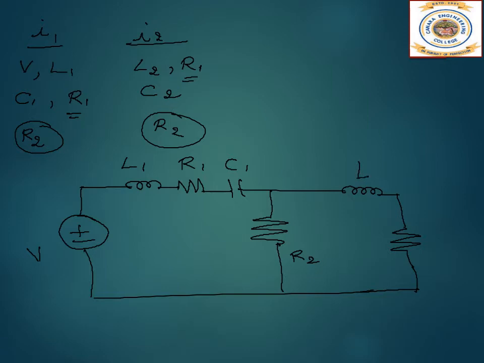So this is L2, R1. Yes, what did I miss? I have missed C2 there. So let me just include C2 over here. So C2 is also there. So here it is R1. So this is I1 and here the loop current is I2. So this is the electrical circuit using the force voltage analogy for a given mechanical network.